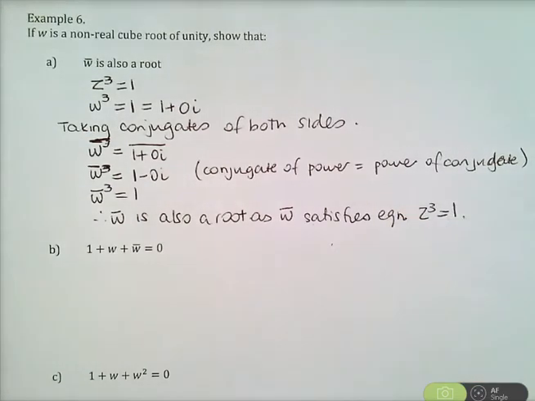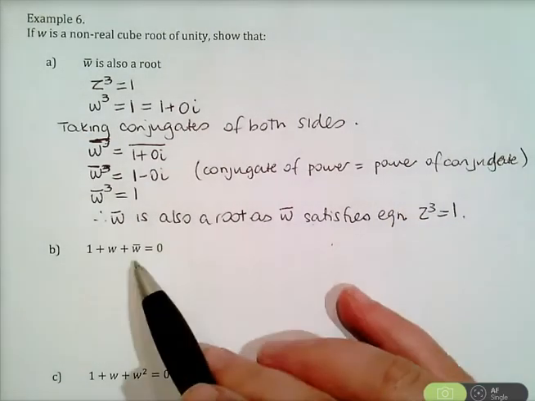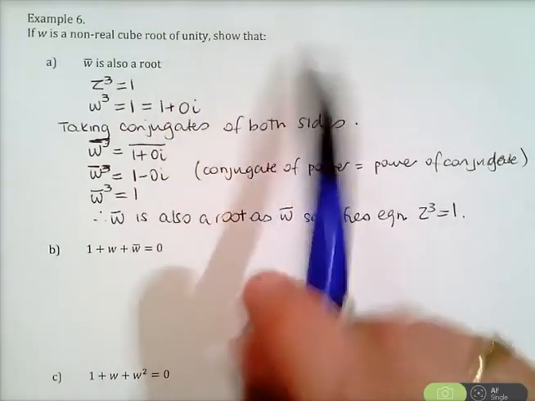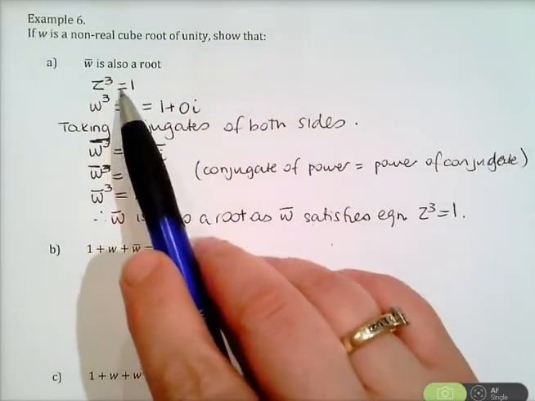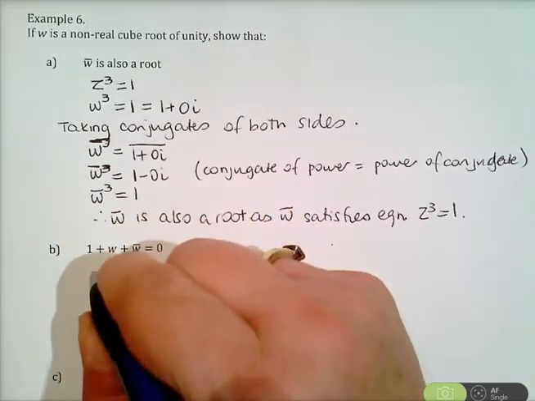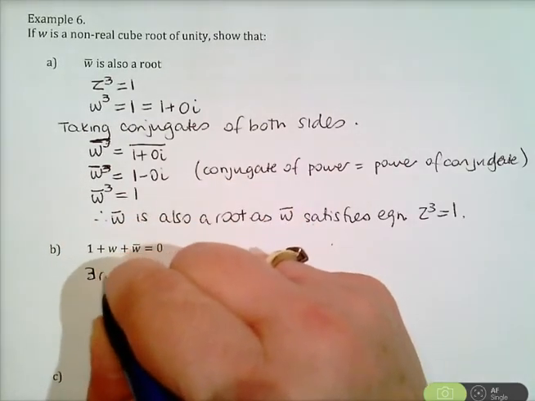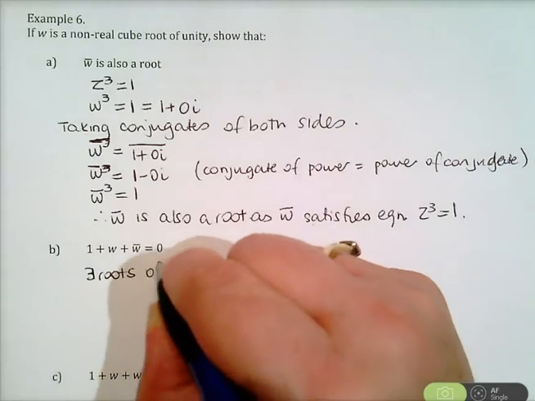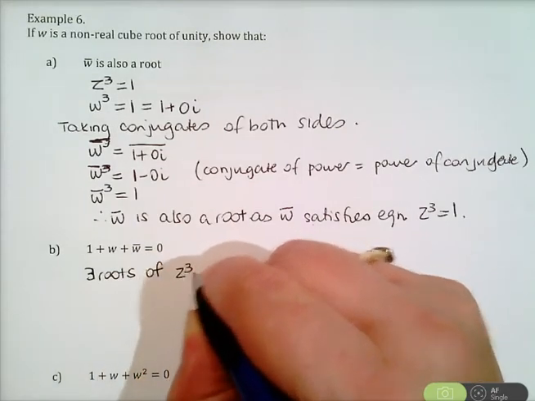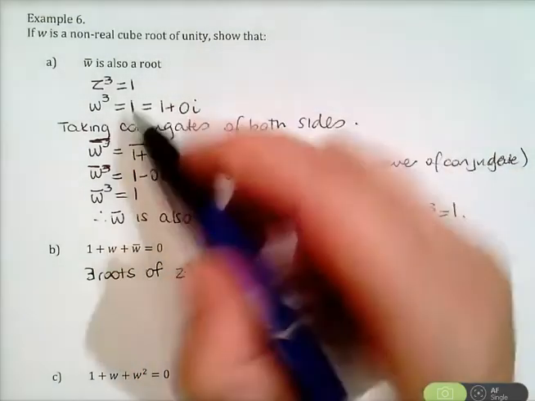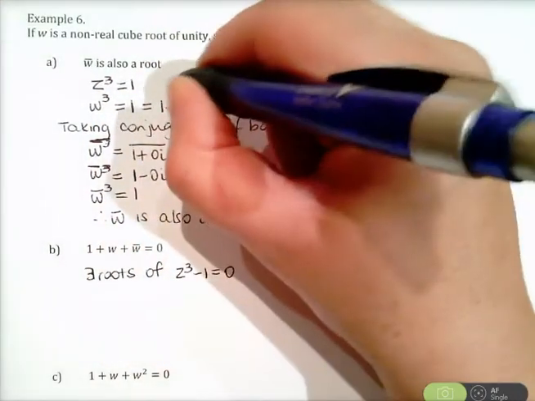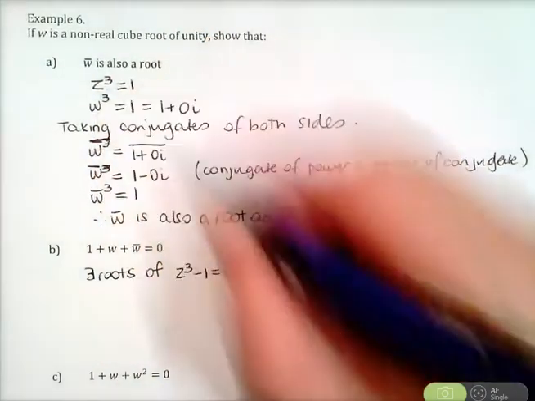Now from part A, or even just looking at the question, if we've got z cubed equals 1, we know the three roots of z cubed minus 1 equals 0. Remember, if we're solving z cubed equals 1, that is the same as z cubed minus 1 equals 0.